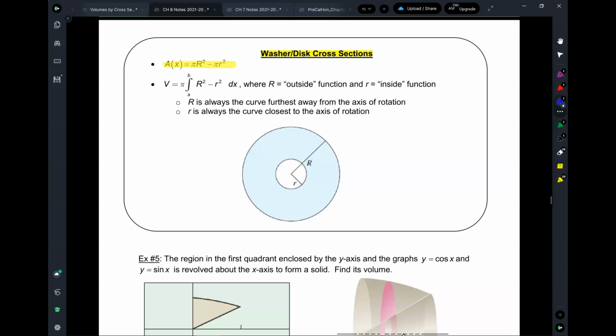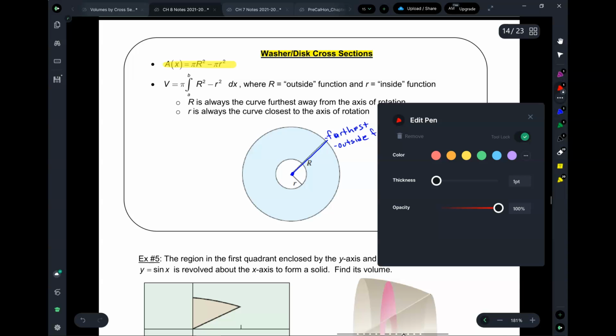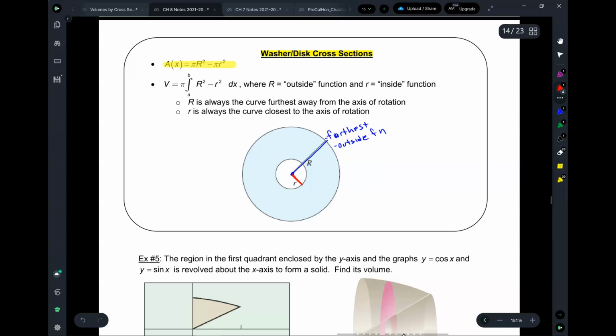So take a look here. If you start from the x-axis, big R is from the x-axis to the farthest or the outside function, and little r is from the axis of revolution to the closest or the inside function.